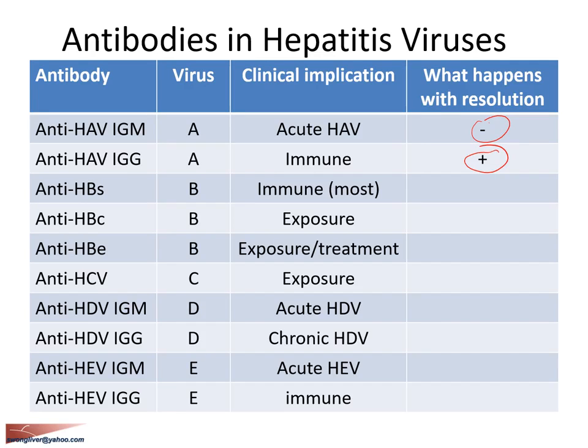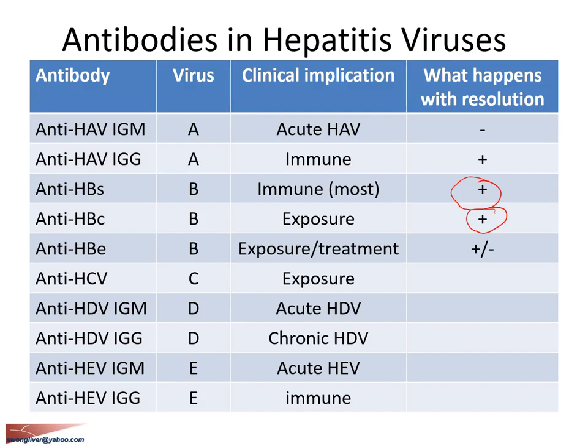Okay? What about with hepatitis B? Anti-HBs, clinical implication is that you're immune to hepatitis B, except if you have HBs antigen positivity as well. Okay? What happens with resolution? Anti-HBs is usually positive, and then anti-HBc is usually positive as well because you resolved the hepatitis B. You were exposed.